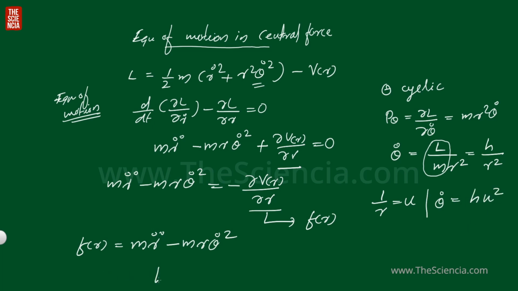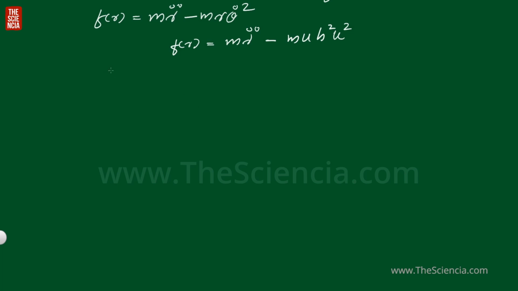Therefore I can rewrite this equation for f of r, that will be equal to m r double dot minus m, where r can be replaced by u, into theta dot square is h square u square, that is f of r equal to m r double dot minus m h square u cube, right?